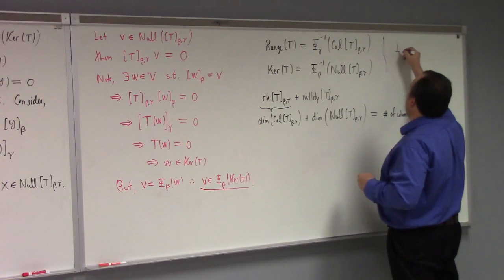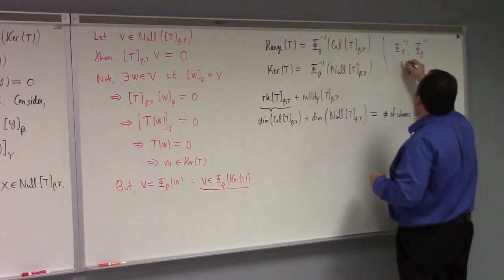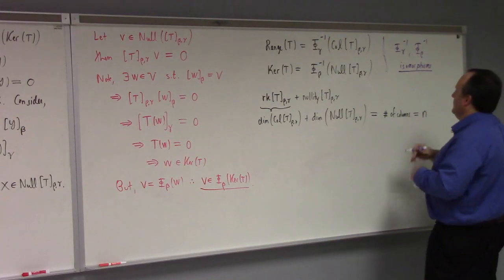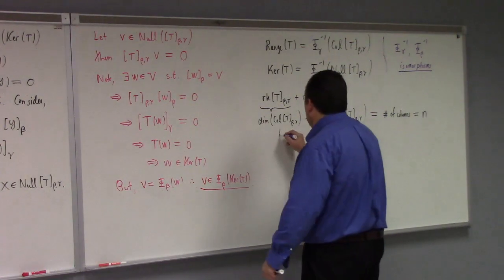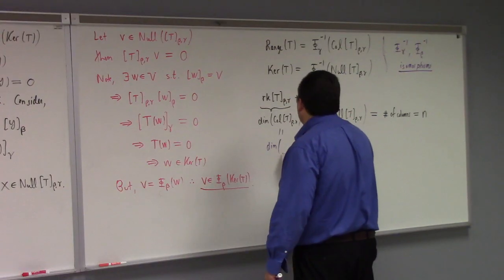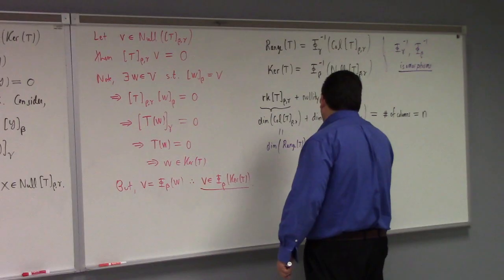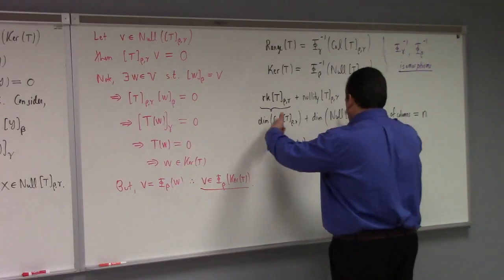So, phi gamma inverse and phi beta inverse are isomorphisms. What's that tell us? That means that they preserve dimension because they send bases to bases, right? So what does that mean? That means that this is equal to the dimension of the range of T plus the dimension of the kernel of T, because these are straight up equal.